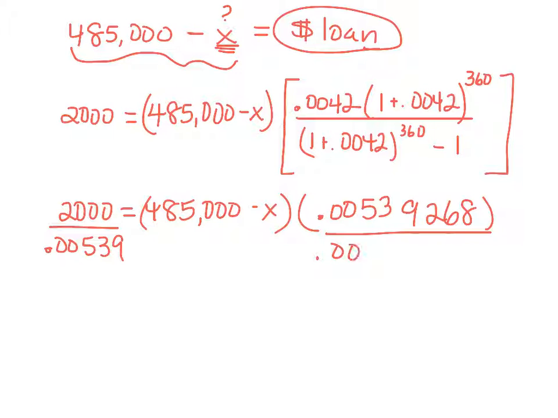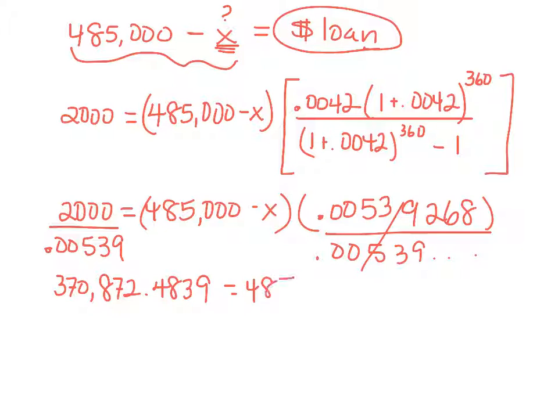Okay, same thing over here, cross that out, and when I divide that I get 370,872.4839, and that's going to be equal to 485,000 minus X.